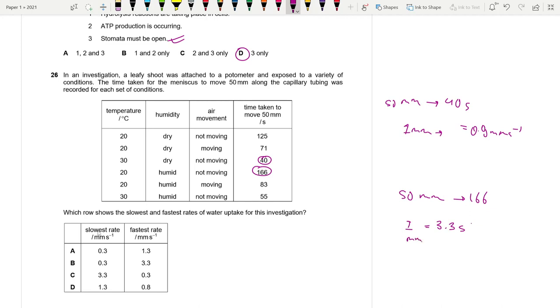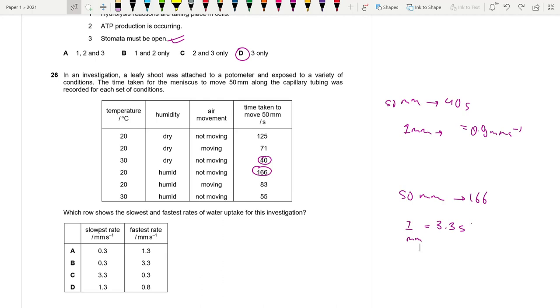Okay, so that's the slowest rate. 3.3 slowest, and the fastest rate is 0.8, according to my calculation basically. But look, we aren't getting an option of 3.3 and 0.8, right? We don't get that. So what's wrong really? Let's try to figure this out.